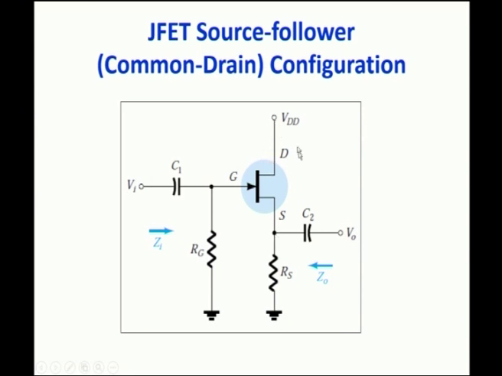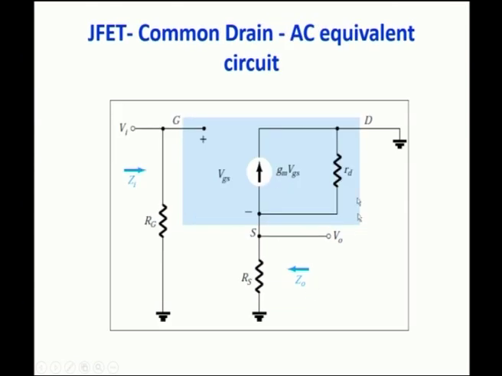And what about the drain terminal? It has to be grounded, because we know that for AC analysis the supply and the capacitors are all short circuited and the supply is given to ground. So, the drain is connected to ground, RG is from gate to ground, RS is from source to ground.